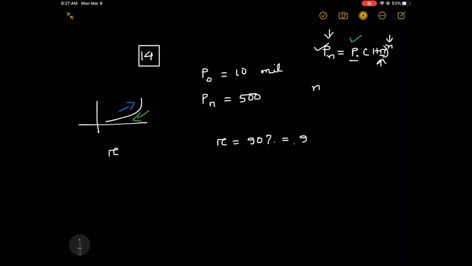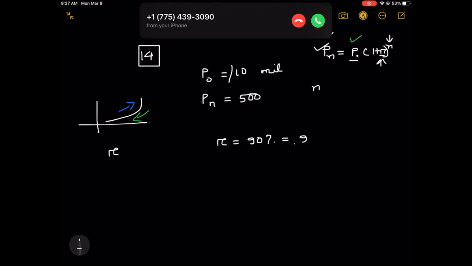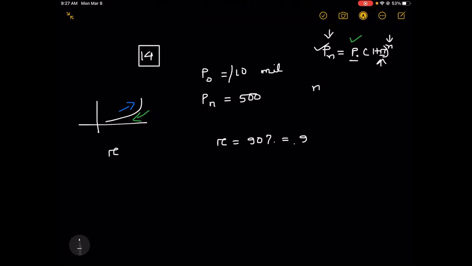Now, we can actually eyeball it. You can see from 10 million, it's getting reduced to only 500. Can you see that?